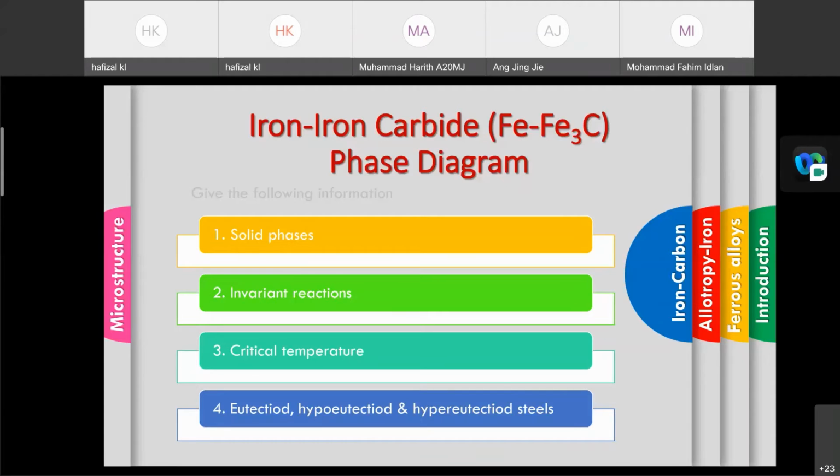Okay, and we have the critical temperature, whereby we can see at this temperature what will happen. Okay, and then we have the information of the eutectoid, hypoeutectoid and hypereutectoid steel.